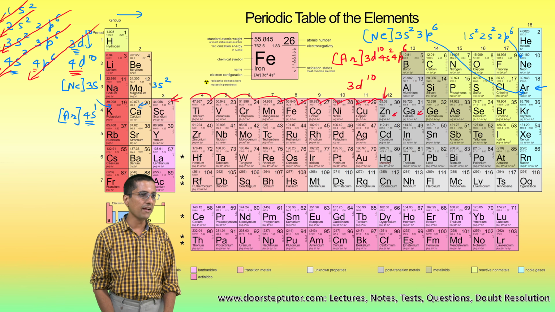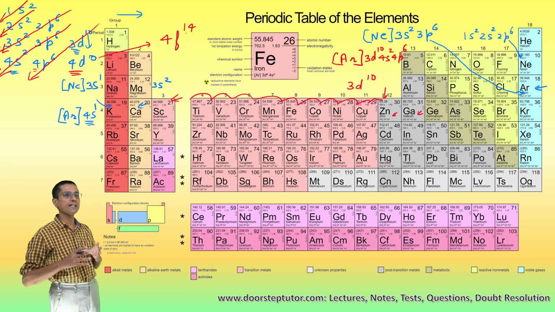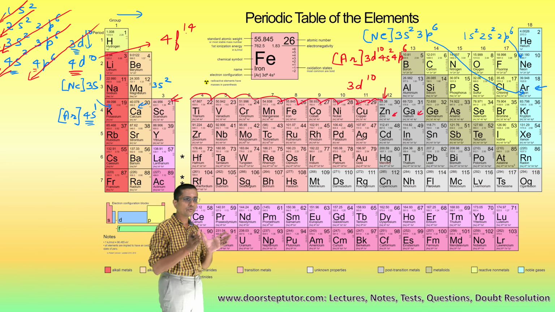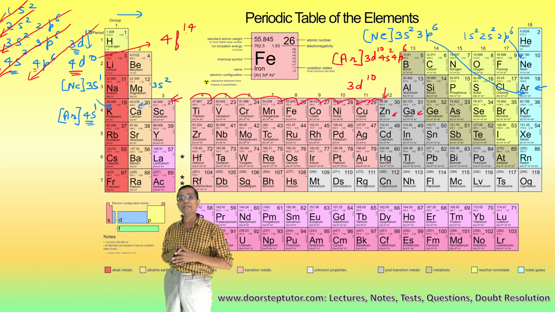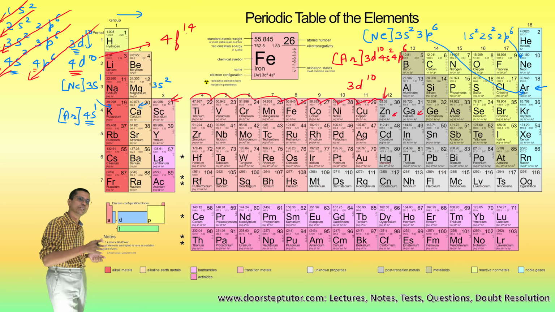In the fourth shell, we have 4d10 and we also have 4f14. There are also f orbitals coming into play here, but this 4f14 and 4d10 we completely ignore. As soon as the s and p orbitals of the fourth shell become full, we completely ignore the d and f orbitals.